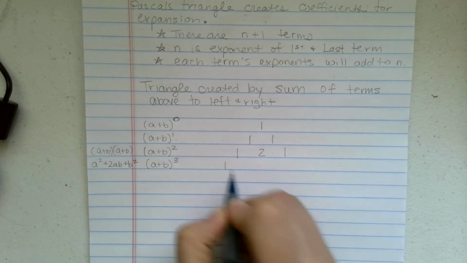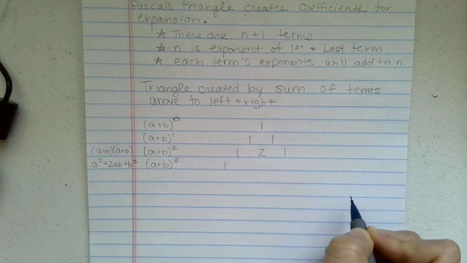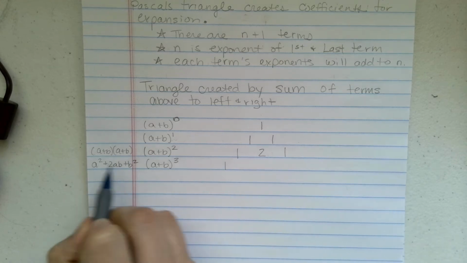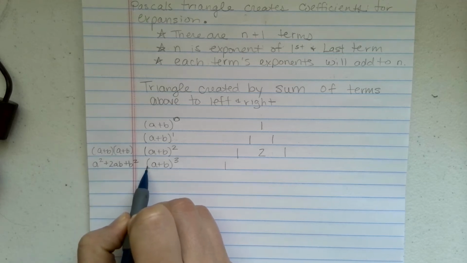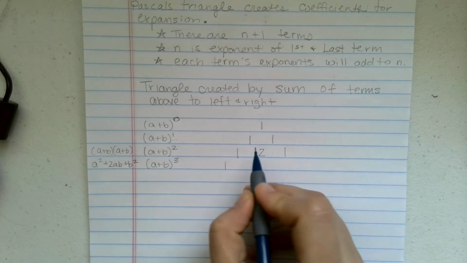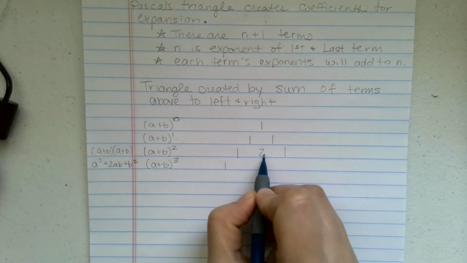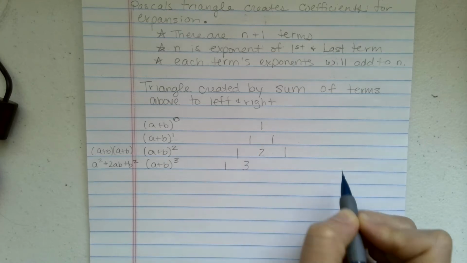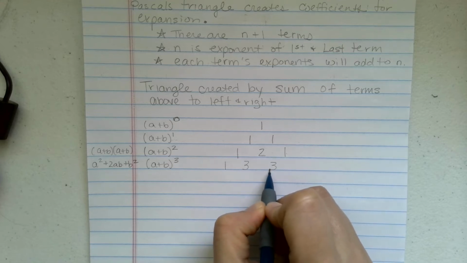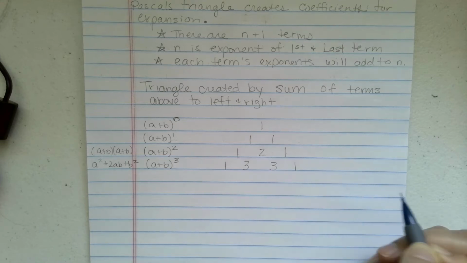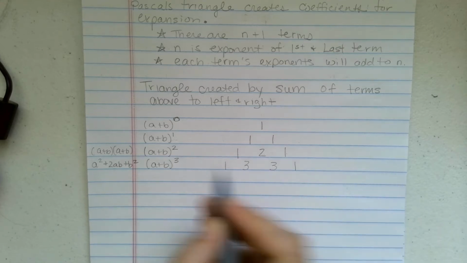So you're always going to start with a 1. All of these start with a 1, because when we multiply a squared times a, it'll be a cubed and it'll have a coefficient of 1. So we have a 1, and then we figure out what our belly button is going to be. 1 plus 2 is going to be 3. 2 plus 1 is going to be 3. And then we'll end again with a 1. And we can keep doing this.